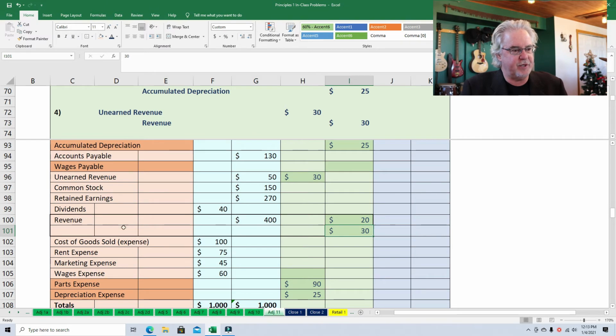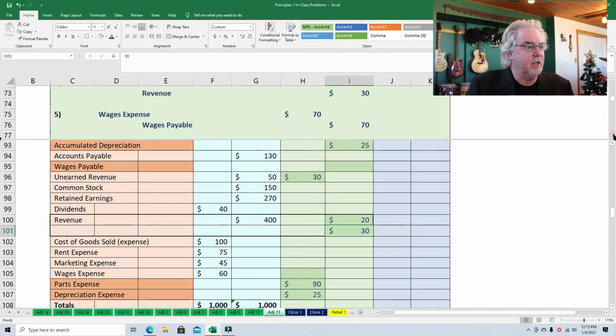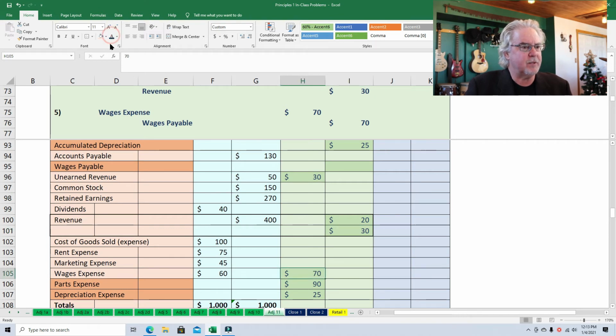So I've got revenue here taking up these 2 spaces, just so it's easier to understand. So wages expense is being debited for 70. So here's wages expense debited for 70. And wages payable being credited for 70. So let's find wages payable. And I added wages payable. There it is, wages payable, $70. Had to add that account.